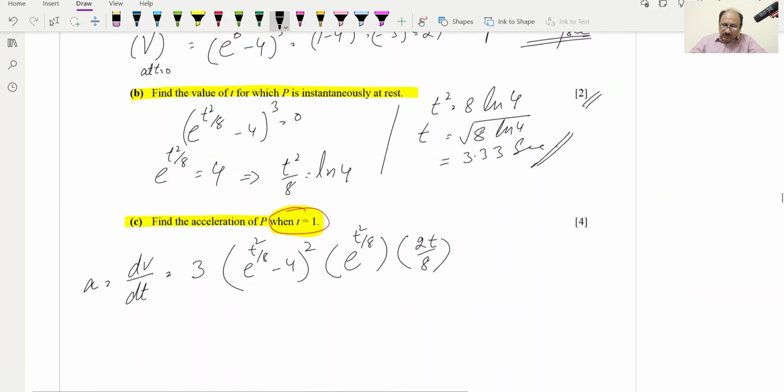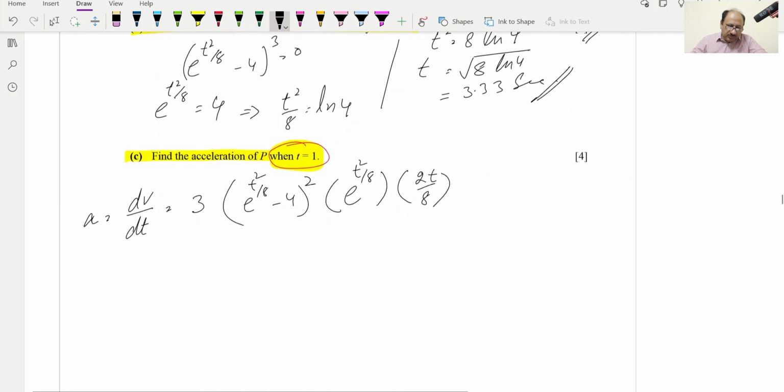Now this is basically a 4 marks part. So now we will be simplifying. So 3 and 2 and 8, the 2 we can cancel, 2 ones are 2, 2 fours are 8, so it will be 3 by 4.